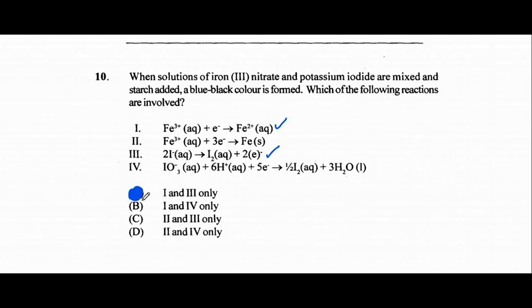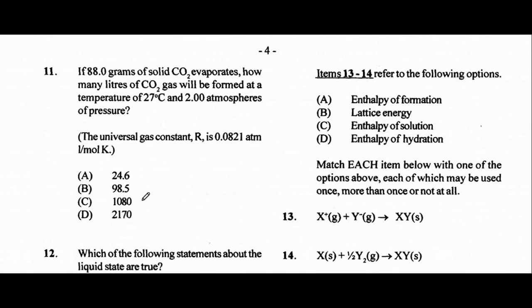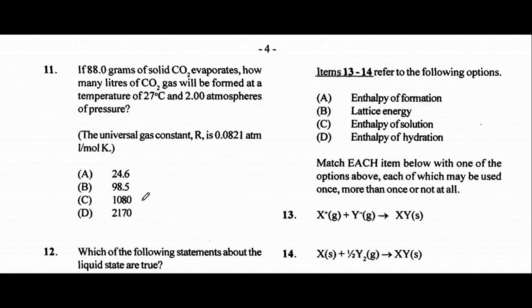Let's move on to number 11. Okay, so this says if 88 grams of solid CO2 evaporates, how many liters of CO2 gas or carbon dioxide gas will be formed at a temperature of 27 degrees Celsius and 2 atmospheres of pressure?